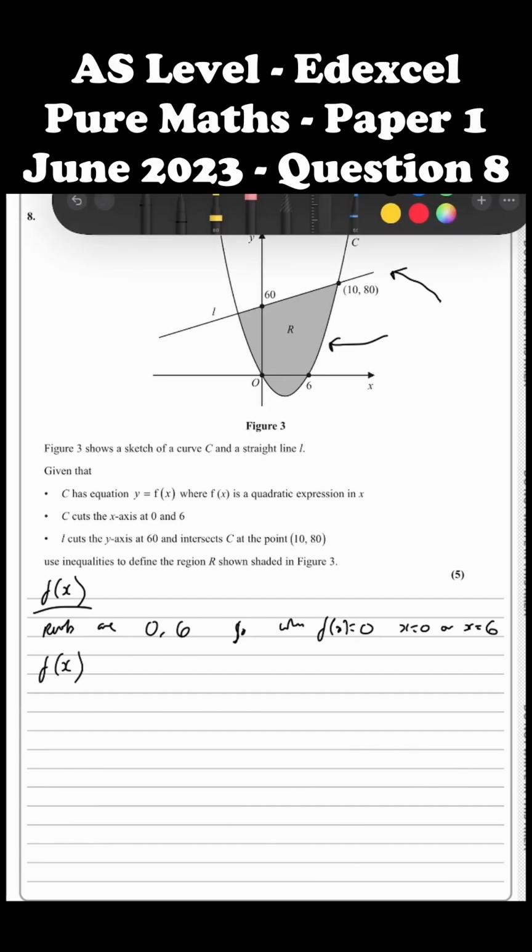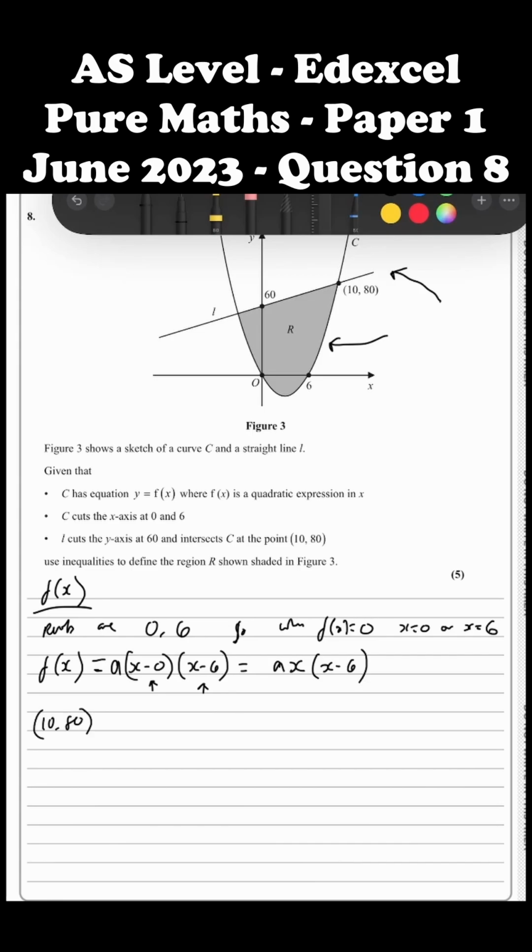So f of x is going to then equal x minus 0, lots of x minus 6, and multiplied by a constant at the front. We don't know what that constant is just yet, as this represents the two solutions of the quadratic equation. So I'll just rewrite this as a x lots of x minus 6.